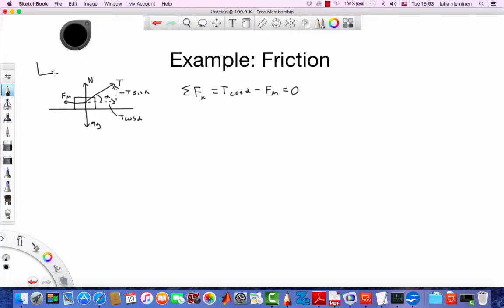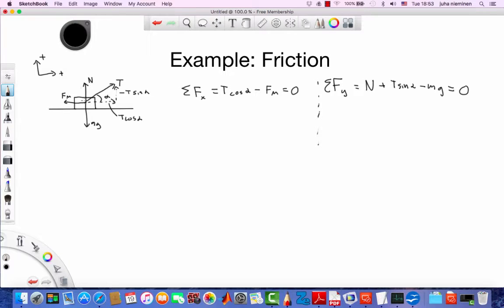Of course we had positive direction to the right, and let's also define positive direction to be up on the vertical axis. So in the y direction, the sum of forces is N plus T times sine alpha, and gravity is in the negative direction, and net force here is also 0.